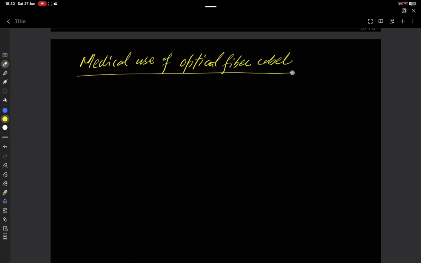Now we have the medical usage of optical fiber cable. So for medical use of optical fiber cable, we have endoscopy. So in endoscopy, what is an endoscope?